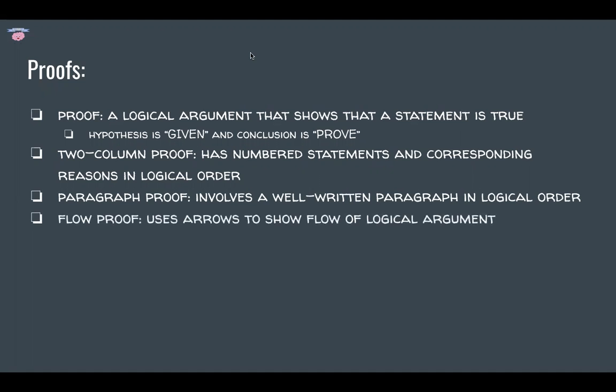A flow proof uses arrows: this is a statement, and this is the reason, and then you go to this one, statement, reason. And usually what you prove, when you're done with it, you write in a box and then your reason down here.